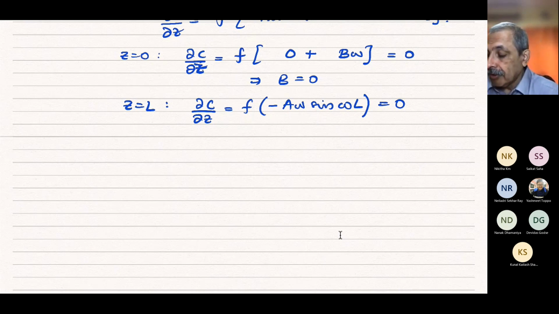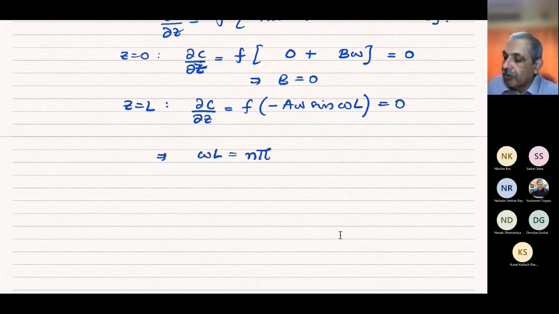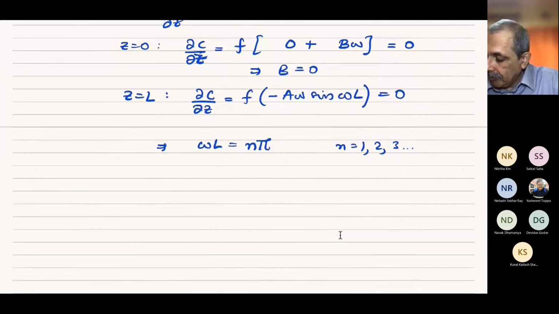If sine of omega L is 0, that means omega L is equal to n pi, where n could be 1, 2, 3. 0 is again a trivial solution. In all of those cases, sine of omega L is 0. So now we have the complete solution: omega is equal to n pi divided by L.